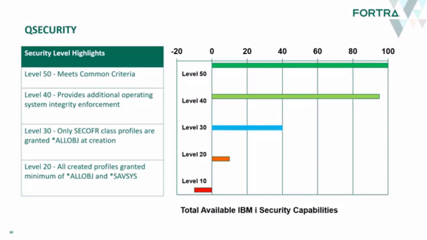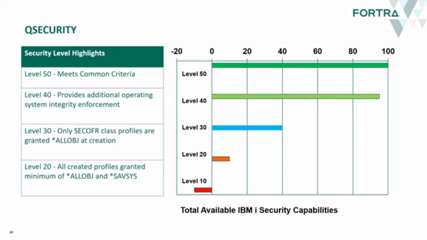Level 40, which is the level that the majority of systems are running at and is the default shipped by IBM, provides additional operating system integrity enforcement where you cannot bypass the IBM APIs to be able to call system programs or to be able to interact with those objects.